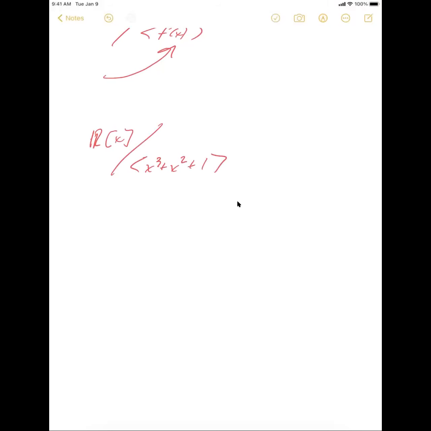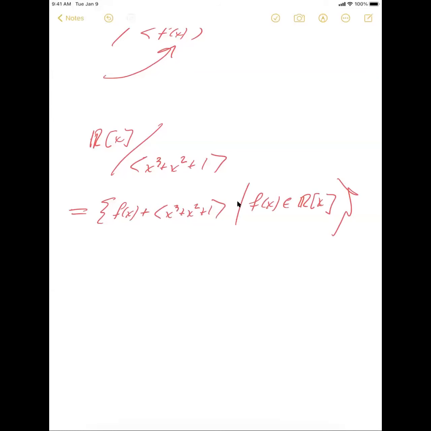Okay, so here's a quotient. And so officially, this quotient is equal to the set of all cosets of the form f of x plus the ideal generated by x cubed plus x squared plus 1, where f of x runs through all polynomials in R bracket x. All right, so if you don't think at all, that's the definition of the quotient.